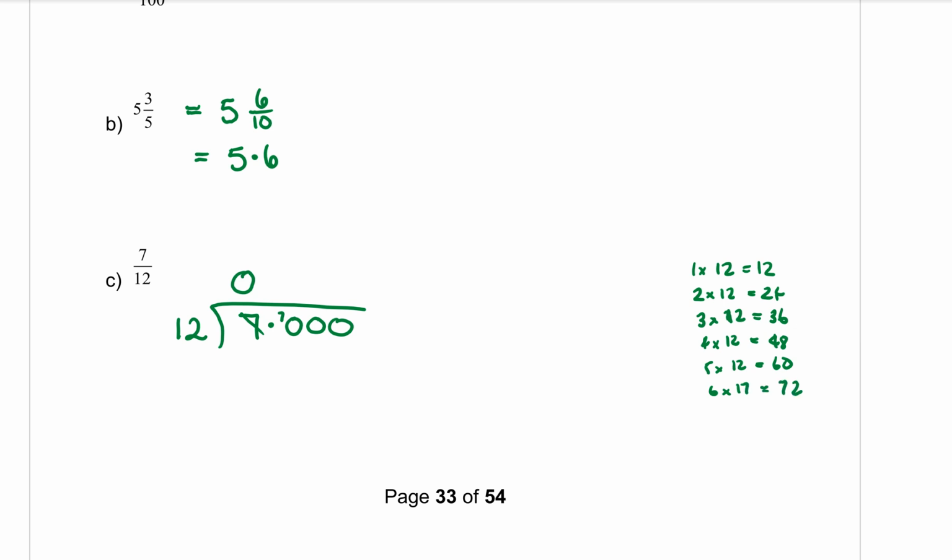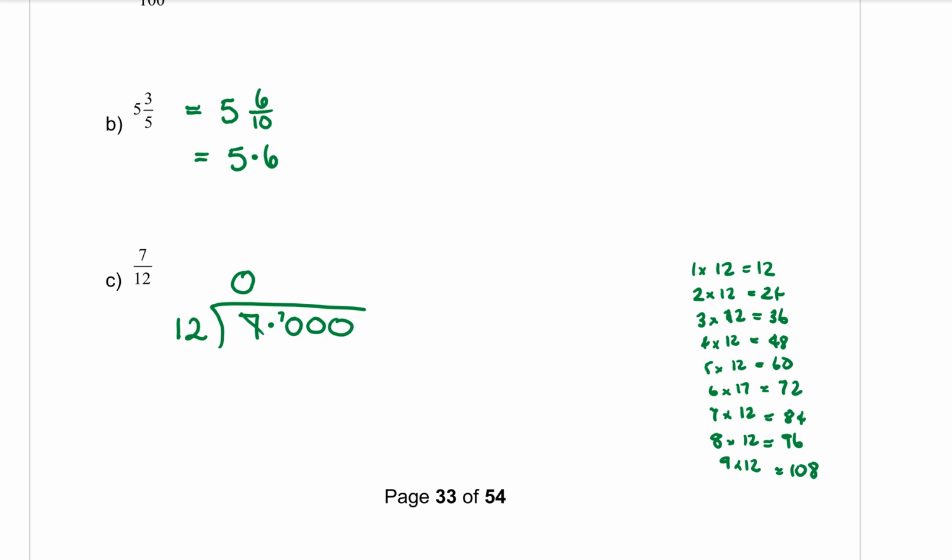We're actually going to need a few more than that, so I'm going to keep going. 7 times 12 is 84. 8 times 12 is 96. And 9 times 12 is 108. That's just to help those of you who struggle a little bit with your times tables. Remember, you can use your times table grid to help you with this as well.